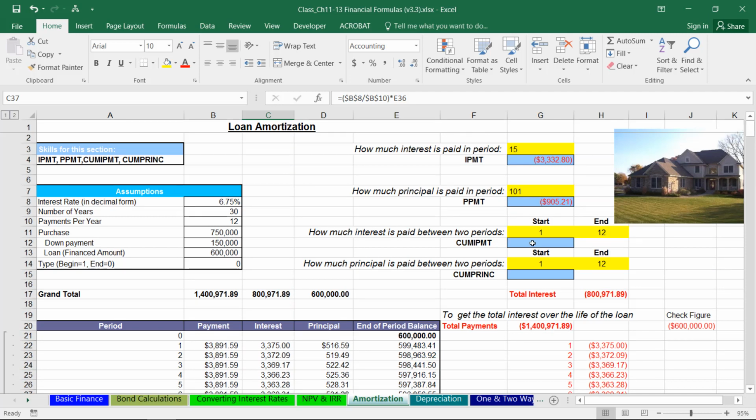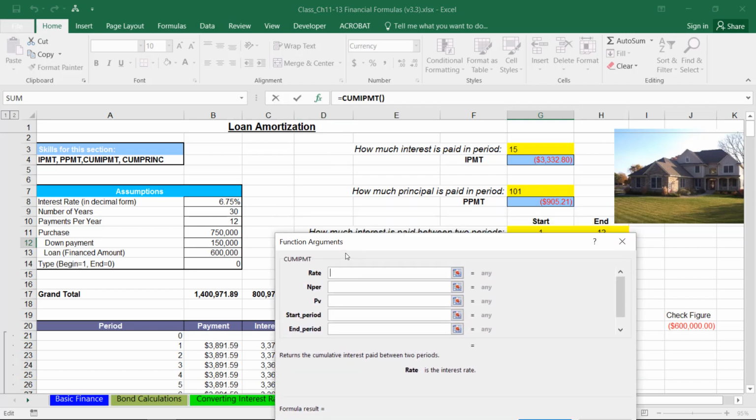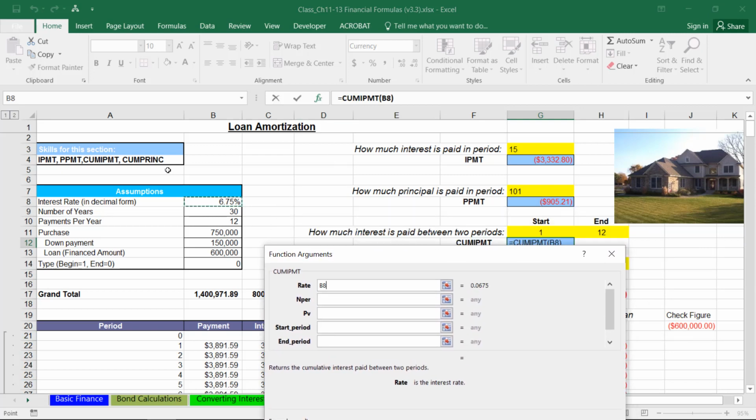Okay, try the cumulative interest payment. This is how much between any two periods I want to put up here. Let's work it together. And I'll come up here and we'll use this form. The rate again, divided by the periods. The number of periods. The present value. Now we have a start date and an end date.